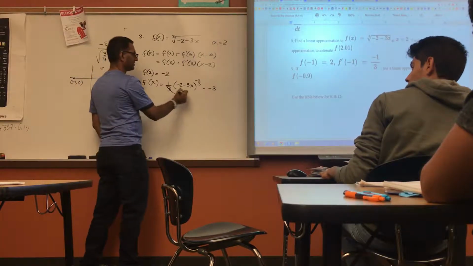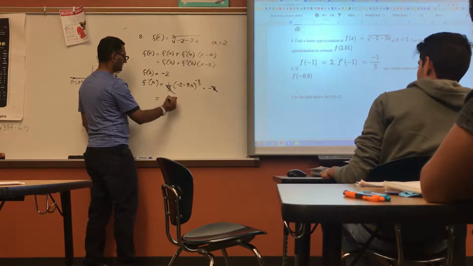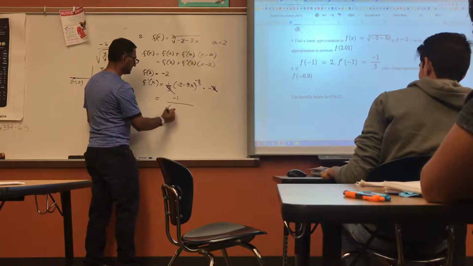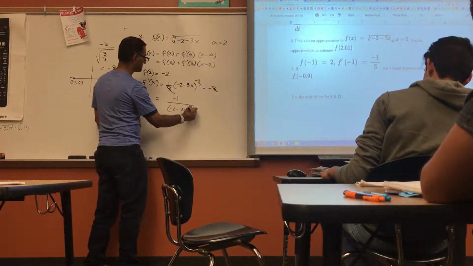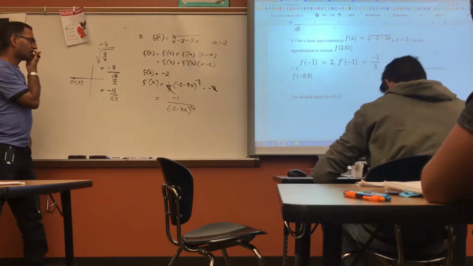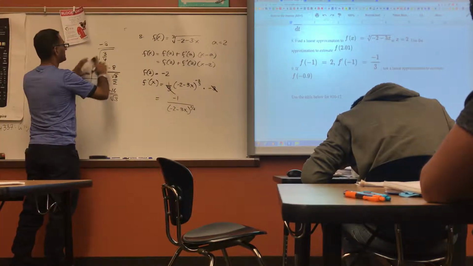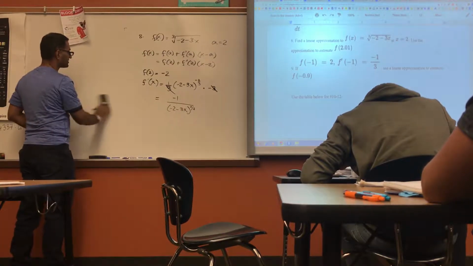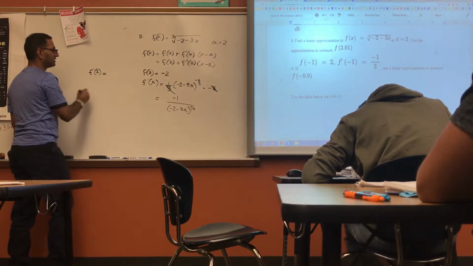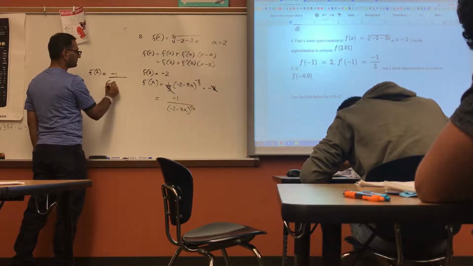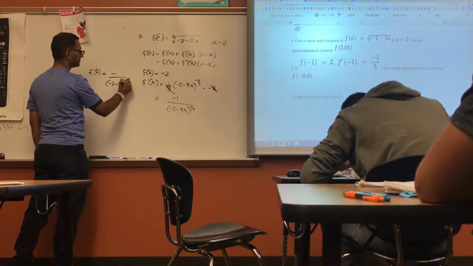Yeah. So what's my top? What's my bottom? Negative 2 minus 3x to the power of 2/3. What do I need to find next? f dash of 2, plug in, show the work. f dash of 2, I need to write the left hand side. So it's negative 1 over negative 2 minus 3 times 2, to the 2/3.